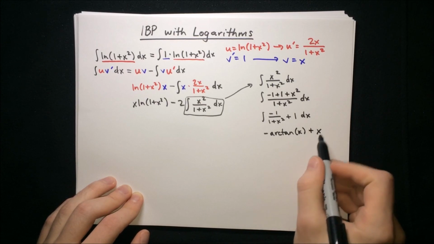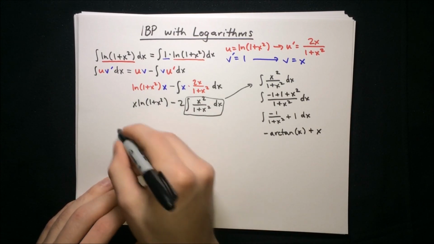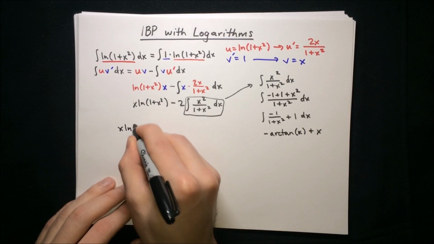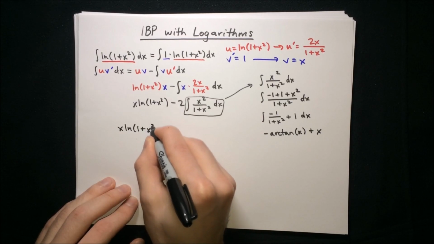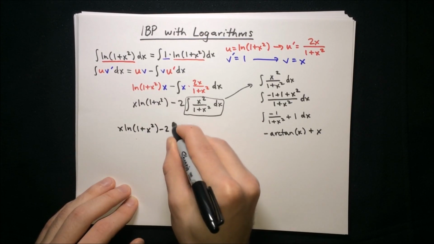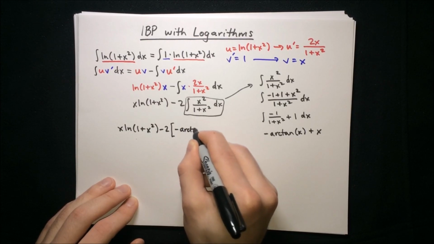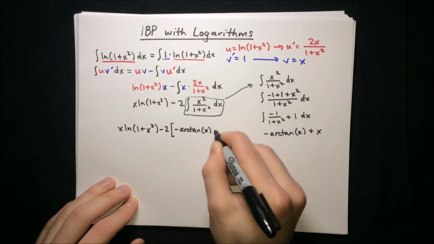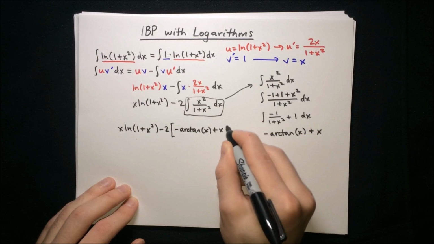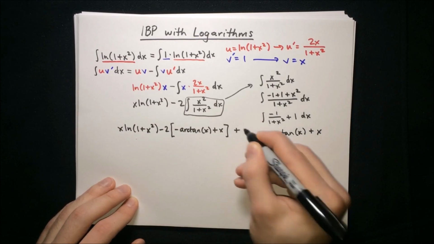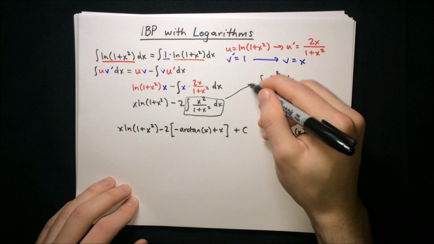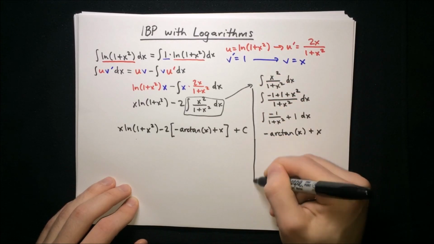And we'll just substitute that back into the integral part. So we've got x natural log of 1 plus x squared minus 2 integral of negative arctan x plus x, and there's going to be a constant at the end, so we'll just put it here. Let's put a divider.